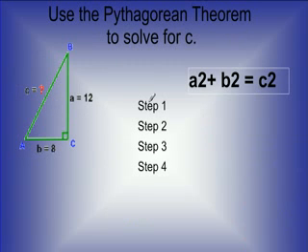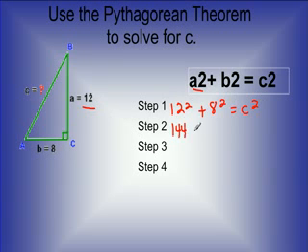Alright, let's solve this one. We have a is 12, so we don't have the steps written down here, so we're going to try to remember them. So step 1 is to substitute the numbers in to the variables. So a is 12 squared plus b is 8 squared equals c squared. And then 12 squared is 144 plus 8 squared, which is 64, equals c squared.